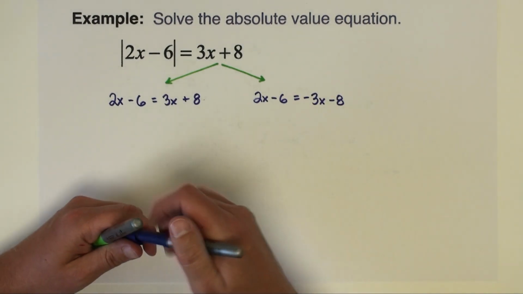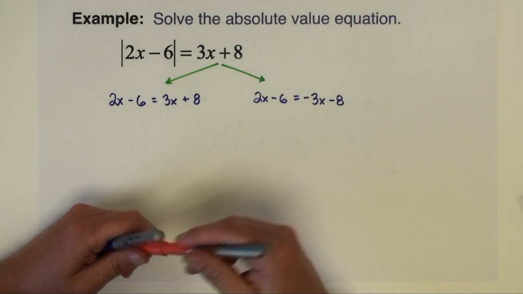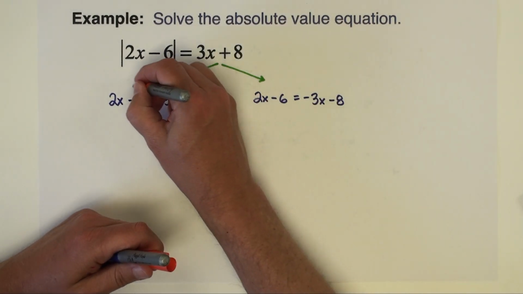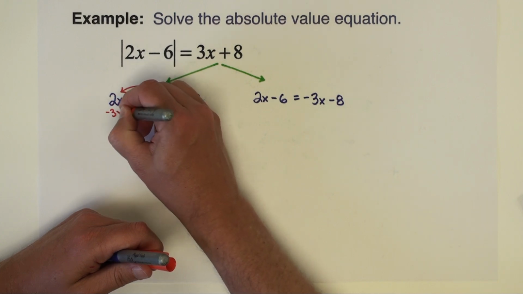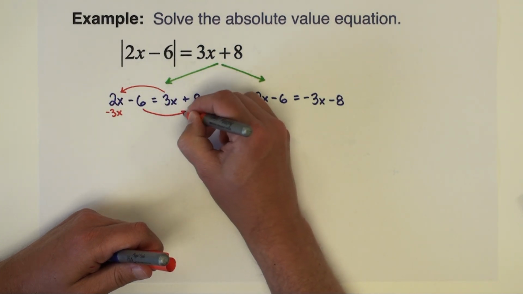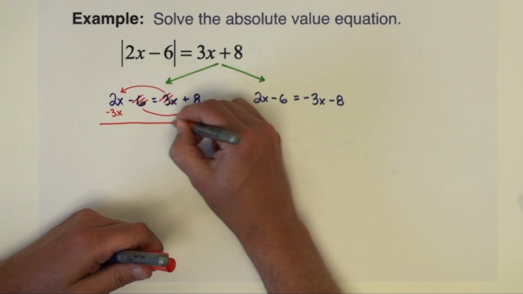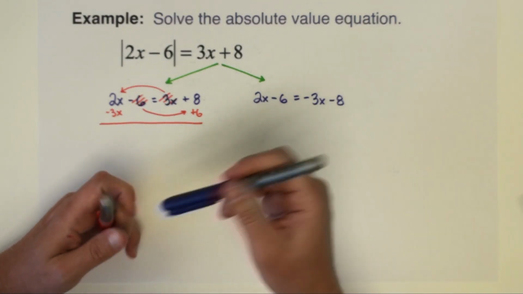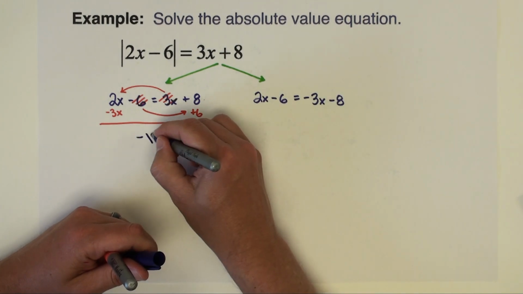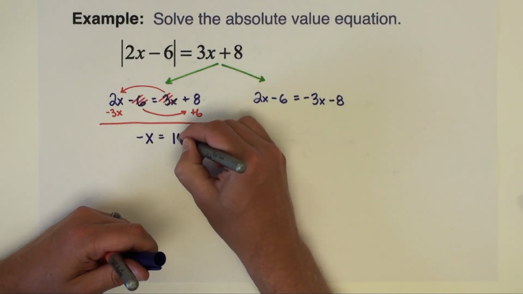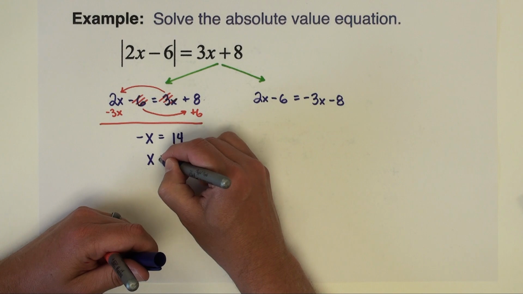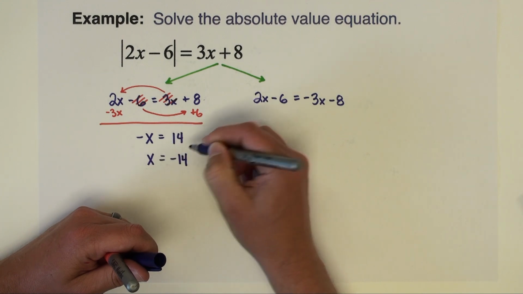All right, we are going to combine our like terms. I'm going to take the 3x to this side. I'm going to take the minus 6 over here. So that gives me negative x equals 14. So x equals negative 14.